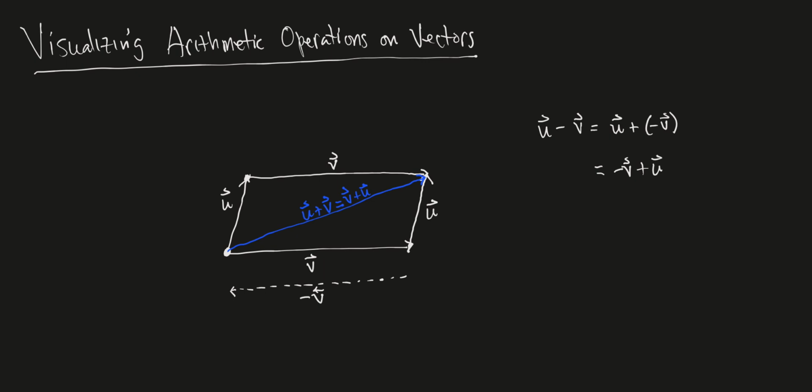Now we know that subtraction is not commutative, so the order here is very important. So starting here and then going here, that is the vector u minus v, or if I wanted to write it as negative v plus u.